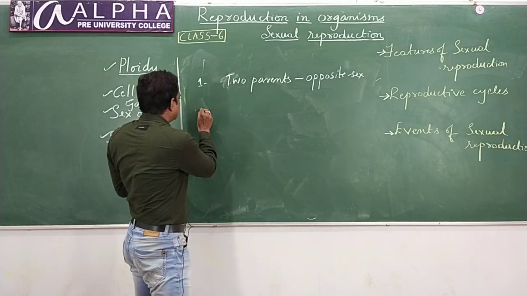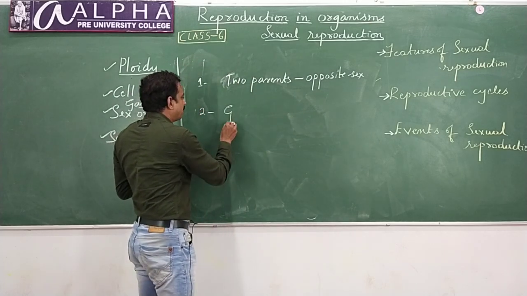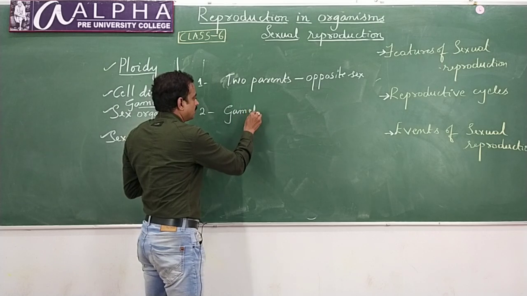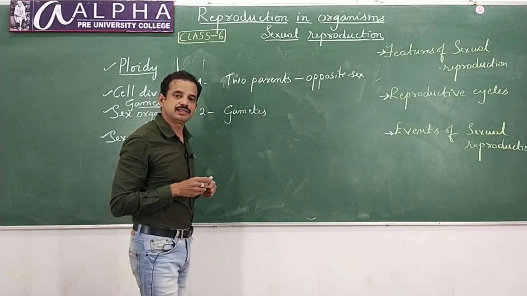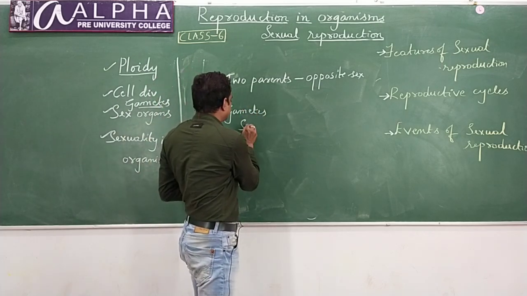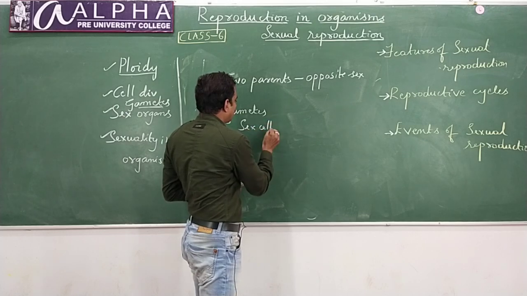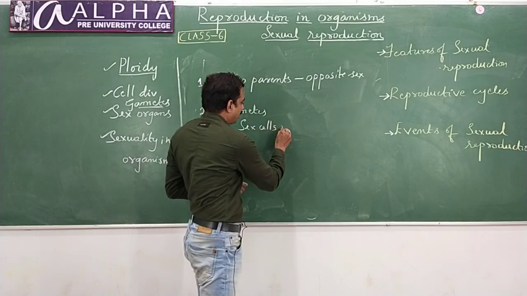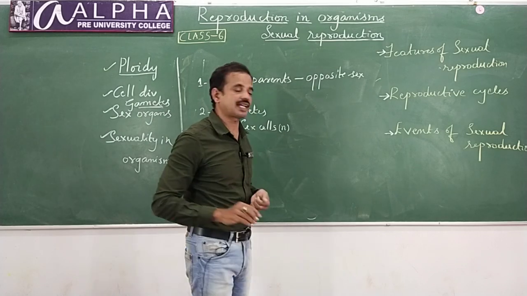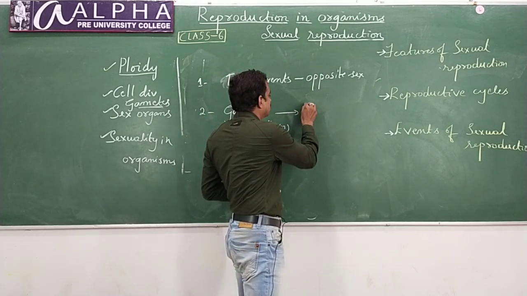And then the second point, they produce gametes. What are gametes? These are sex cells, haploid sex cells. How to represent haploid? A single cell. Haploid sex cells produced by the process of meiosis.